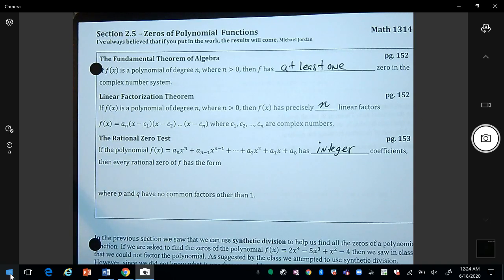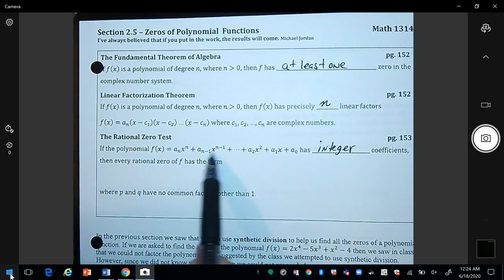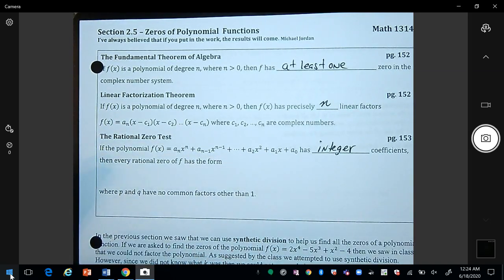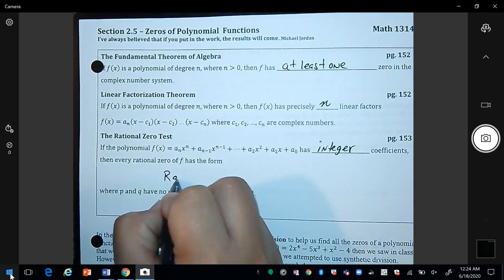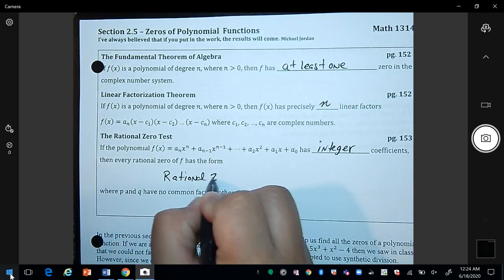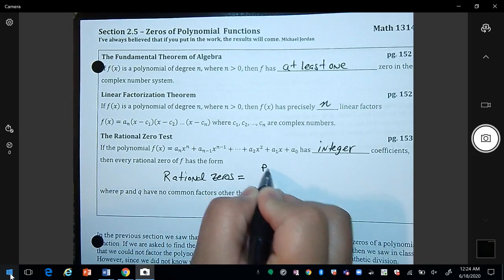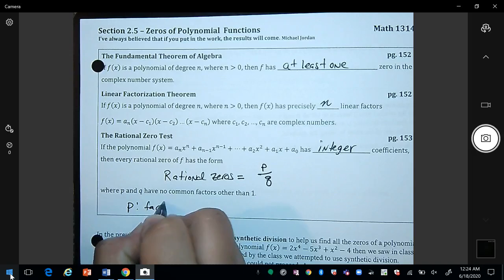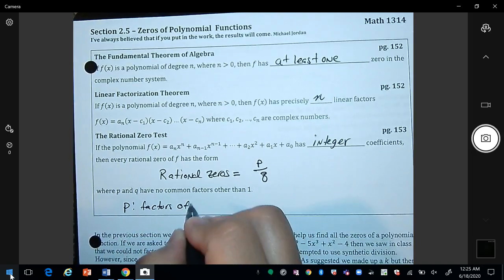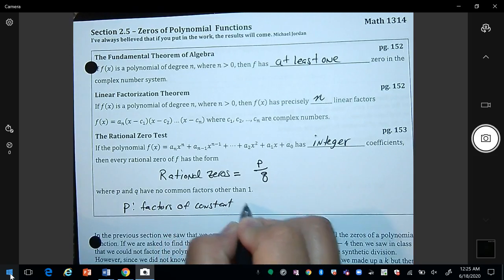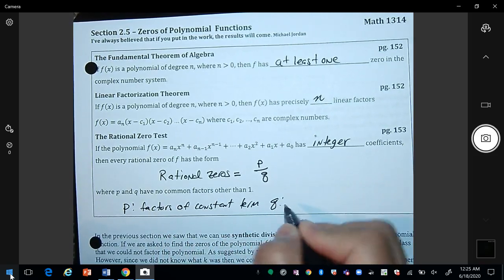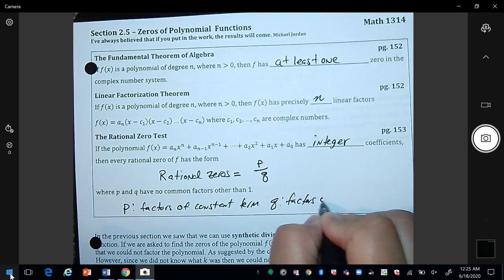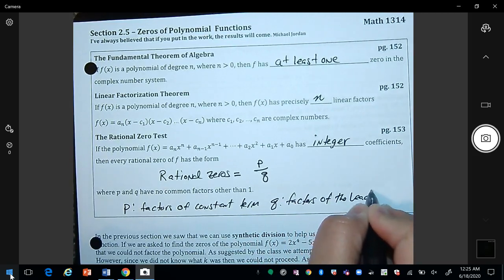The rational zero test: if the polynomial f(x) equals this polynomial and has integer coefficients, then every rational zero of f has the form p divided by q, where p is the factors of the constant term and q are the factors of the leading coefficient.